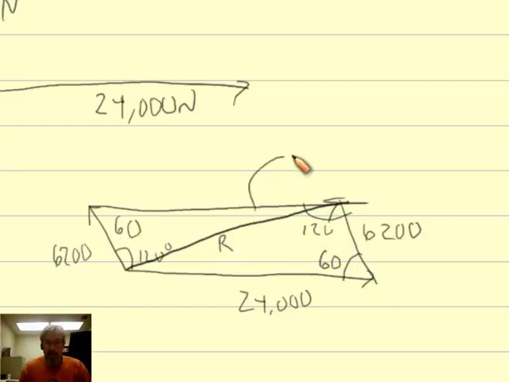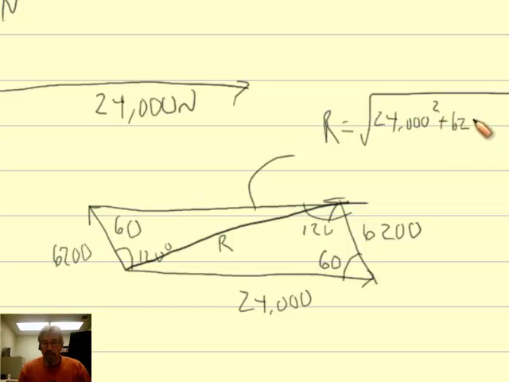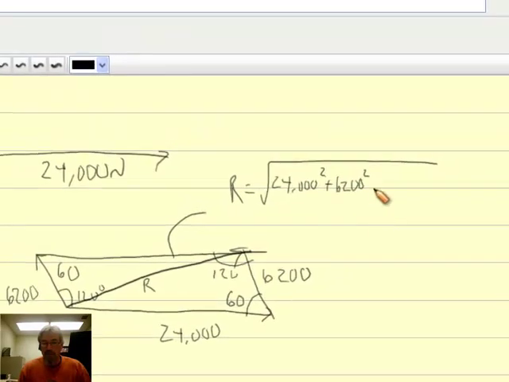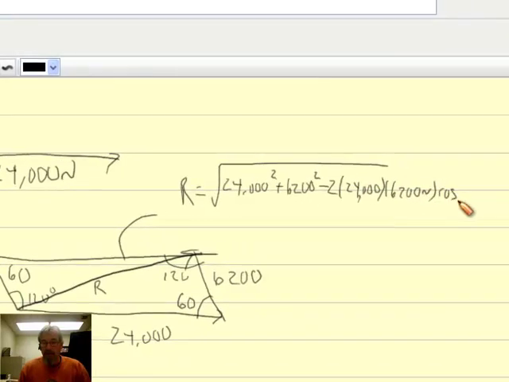So now this tells me by the law of cosines that the resultant is equal to the square root of 24,000 squared, and I'm going to leave off the units here just because it's a little bit clumsy, plus 6,200 squared minus 2 times 24,000 newtons times 6,200 newtons times the cosine of the angle in between these two, which is a 60-degree angle.